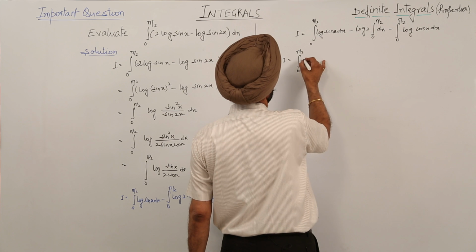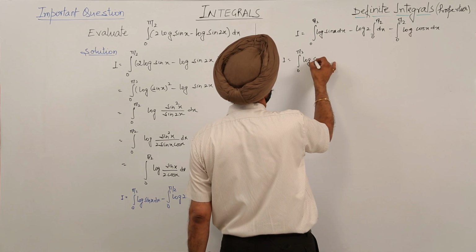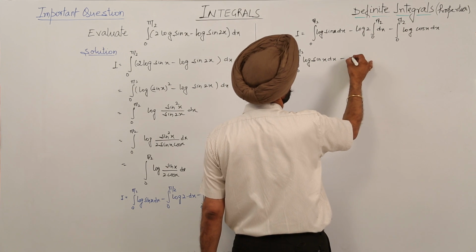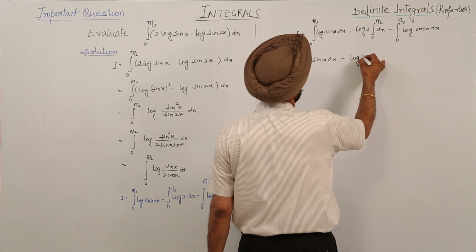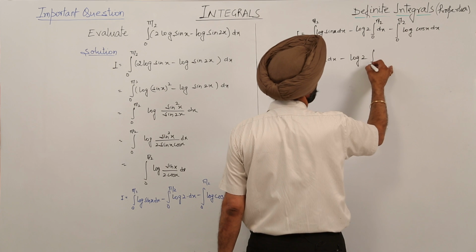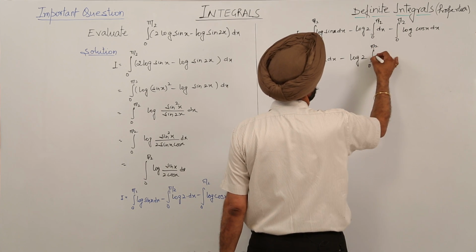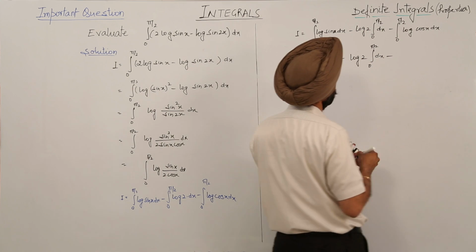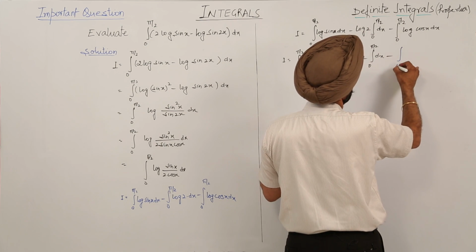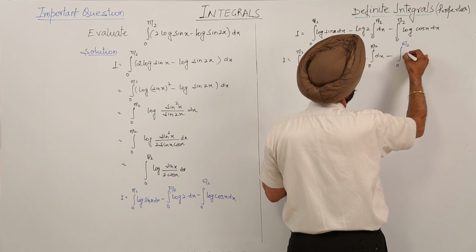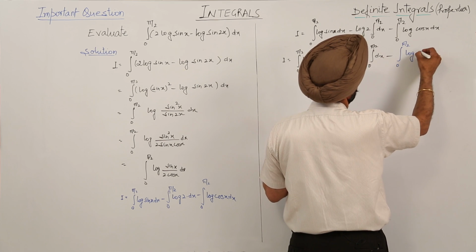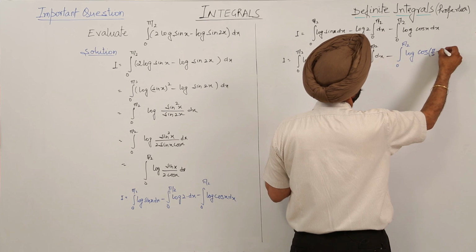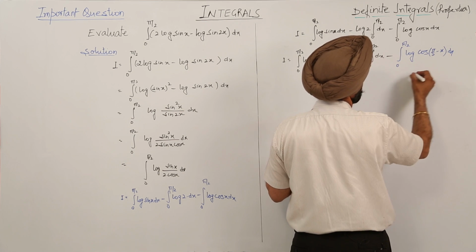0 to pi by 2 log sin x dx minus log 2, 0 to pi by 2 dx minus 0 to pi by 2 log cos (pi by 2 minus x) dx.